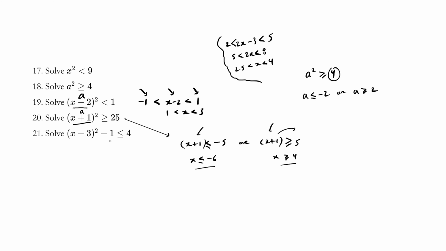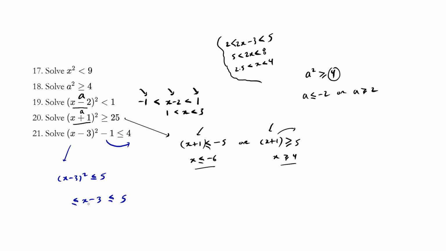Finally, for question number 21, we should throw this negative 1 over. X minus 3 squared is less than or equals to 5. Again, take the square root of both sides. And you know there's going to be a triple statement because we're talking about less than or equals to. So your a value, x minus 3, is in the middle of this triple statement.